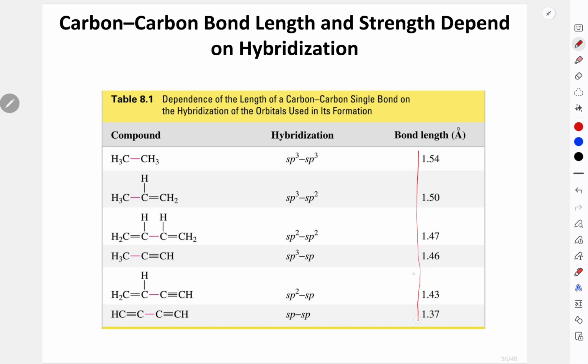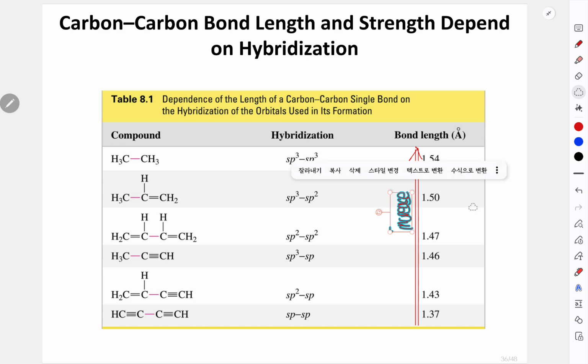Following the degree of hybridization, the larger the s character, the bond lengths will decrease and give you higher stabilization. So you can think of the degree of s character in this bonding interaction. Okay?